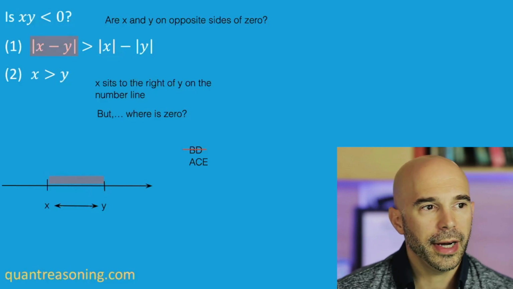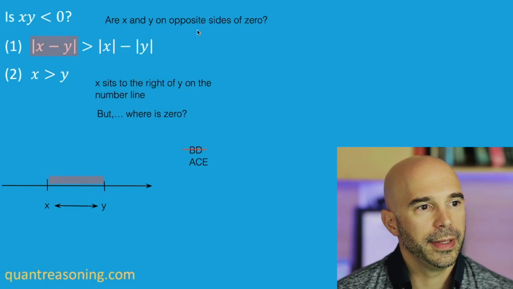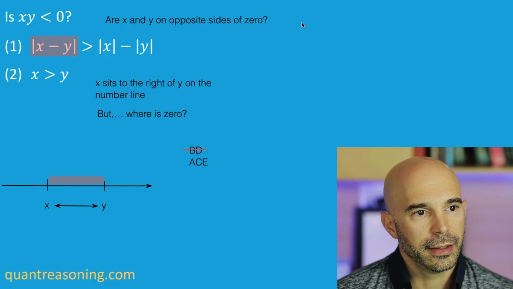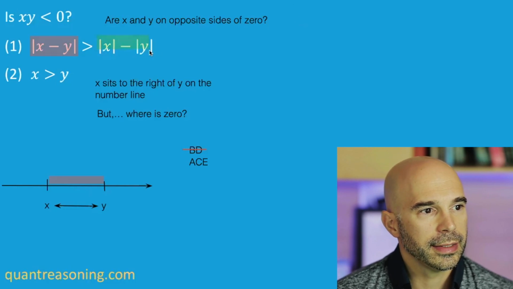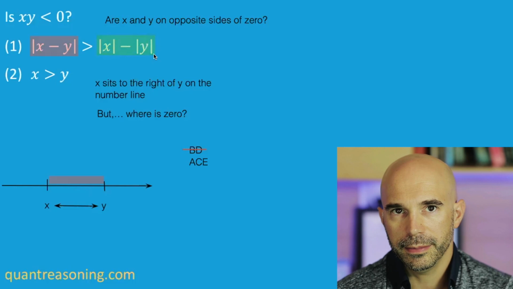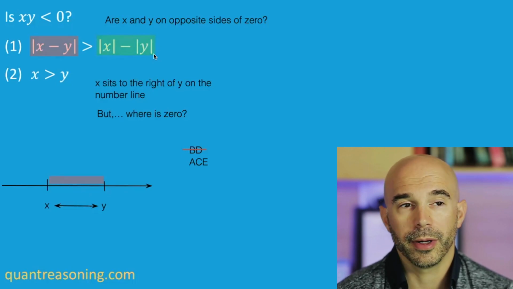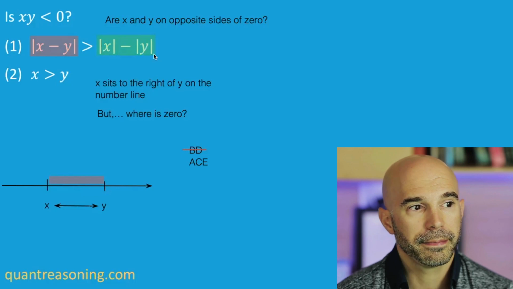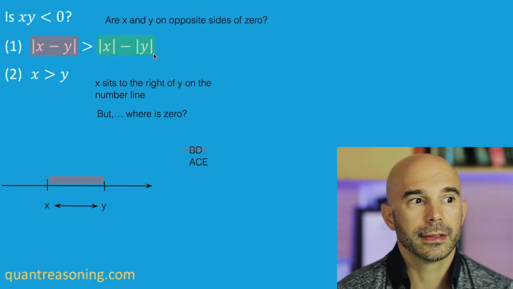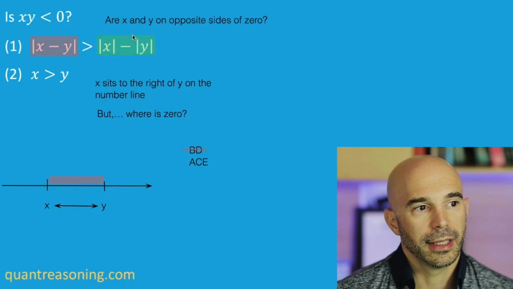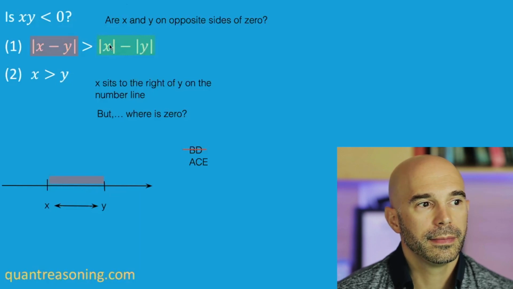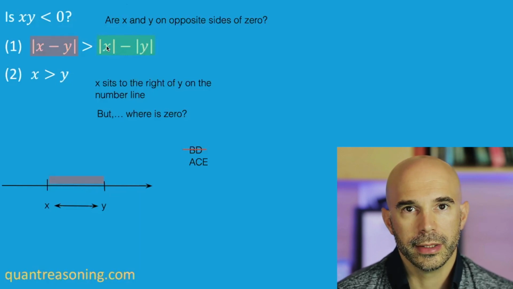Now, when we look at the right-hand side, we also have to make an observation. The observation is that this quantity can be negative. Why is it possible that this quantity is negative? Because we're subtracting some unknown quantity from some other unknown quantity.